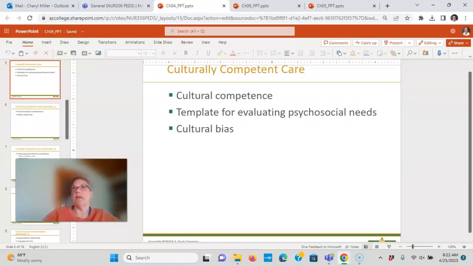So, culturally competent care. One might think that if you have studied some cultures that you are now culturally competent. We now know that that's probably not true, and that even if you have vast knowledge of different cultures, you're still on a learning continuum.